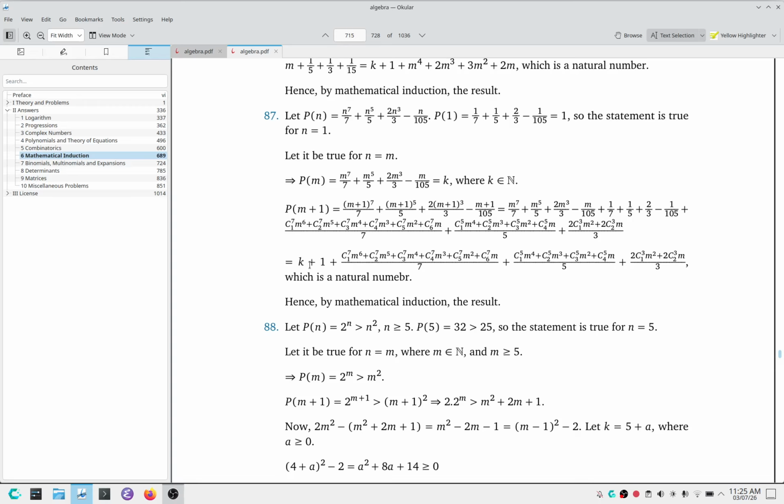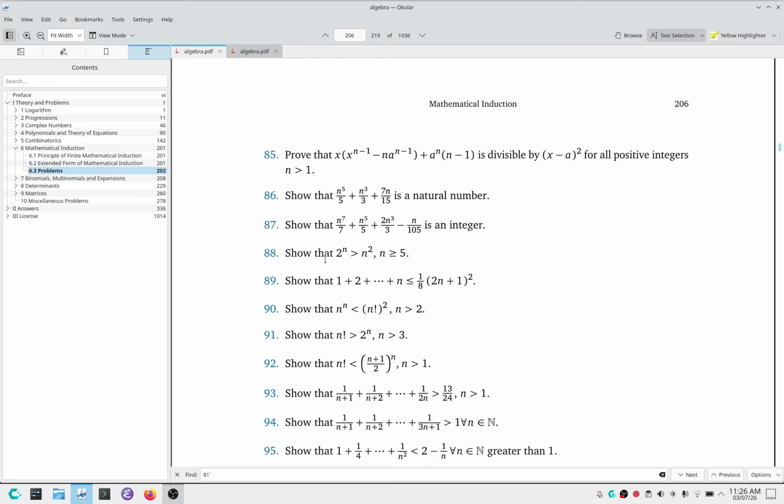And what we get is k plus 1 plus this series of factors or expression, which is divisible by 7. Note that these are all 7c1, 7c2, 7c3 of that form, so they will contain a factor of 7, and this is 5c1, 5c2, 5c3, so they will contain a factor of 5, and this is 3c1, 3c2, so it will contain a factor of 3. And thus it is a natural number, and hence by induction we have the result.